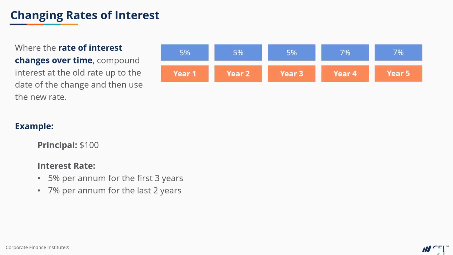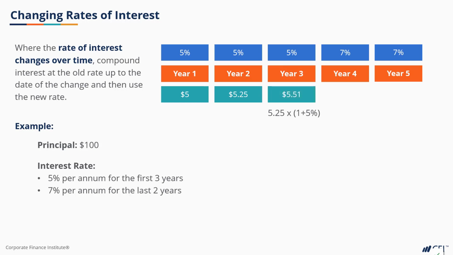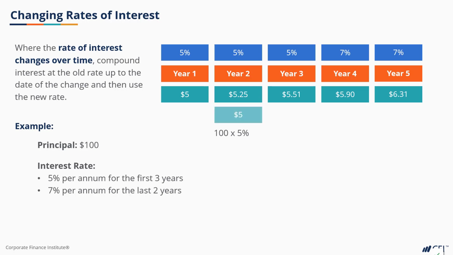In this slide, we look at the first interest payment of 5% paid at the end of year 1. We would compound that cash flow at 5% for years 2 and 3 and compound at 7% for years 4 and 5. Then for the interest payment in year 2, we would compound that at 5% for year 3 and 7% for years 4 and 5.